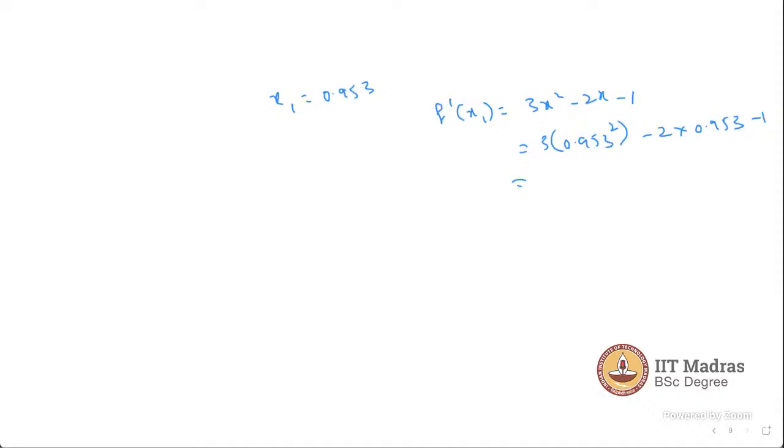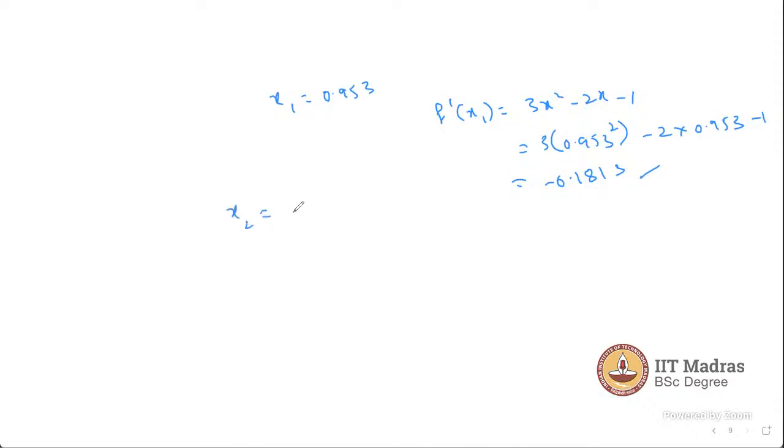Minus 0.181, right? Minus 0.1813. Did you get this answer for f dash of x1?